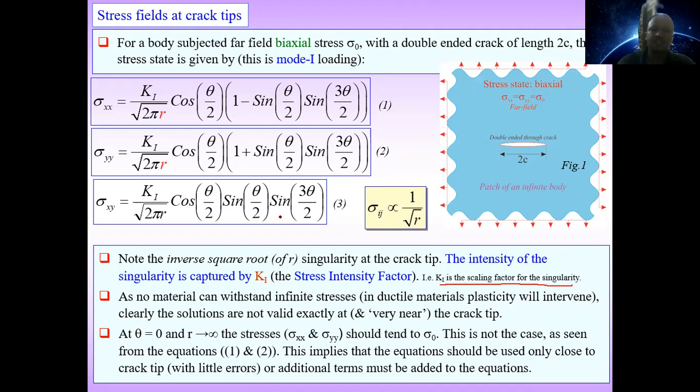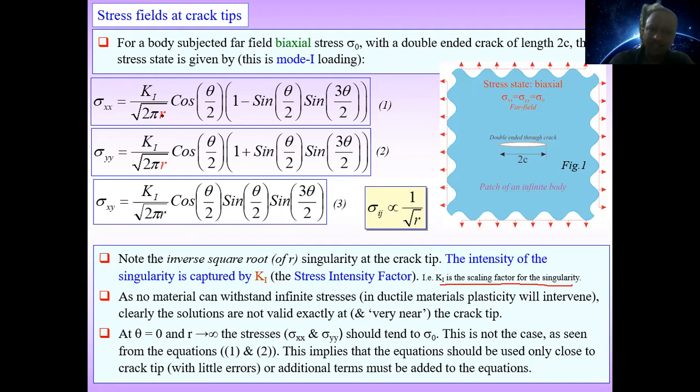As no material can withstand infinite stress, in ductile material plasticity will intervene. Clearly, the solutions are not valid exactly very near to the crack tip. At theta equal to 0 and r approaching infinity, the stress sigma xx and yy should tend to sigma naught, because here K1 is there.